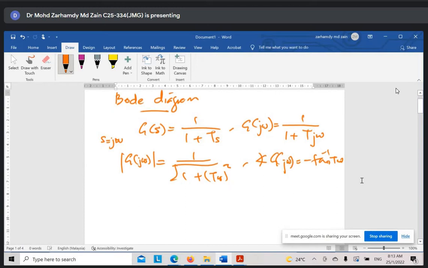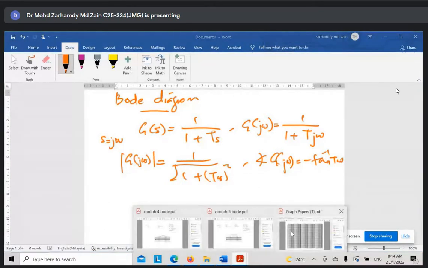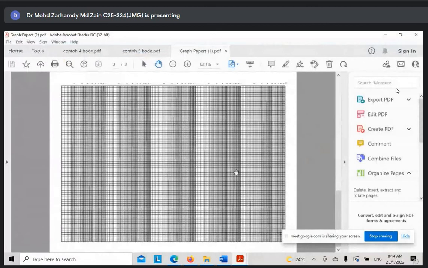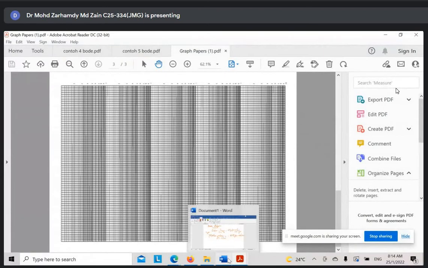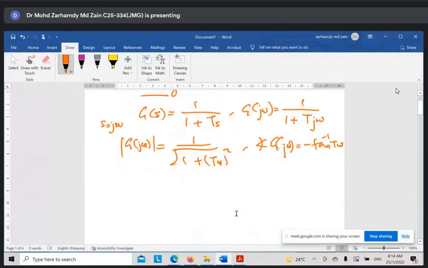By using the Bode diagram, we still use this standard form of gain, but because we draw the diagram in a semi-log graph, the formula changes a little bit. Because we are using the semi-log graph, we need to involve the semi-log formula.